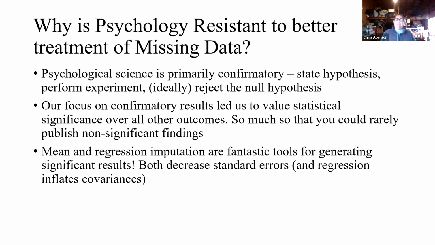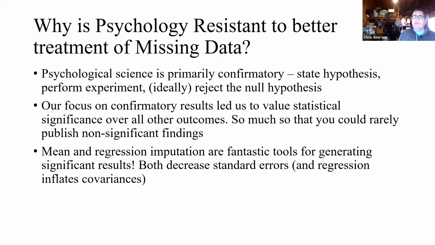All right, I did mention that a lot of bad approaches persist. Why is that in psychology? Well, psychological science is supposed to be confirmatory. We state hypotheses, we perform an experiment, we ideally reject the null hypothesis. That focus on confirmatory means that we value statistical significance over everything else. And what that means practically is that you could rarely publish, it's changing a little bit now, but historically you could rarely publish non-significant findings.